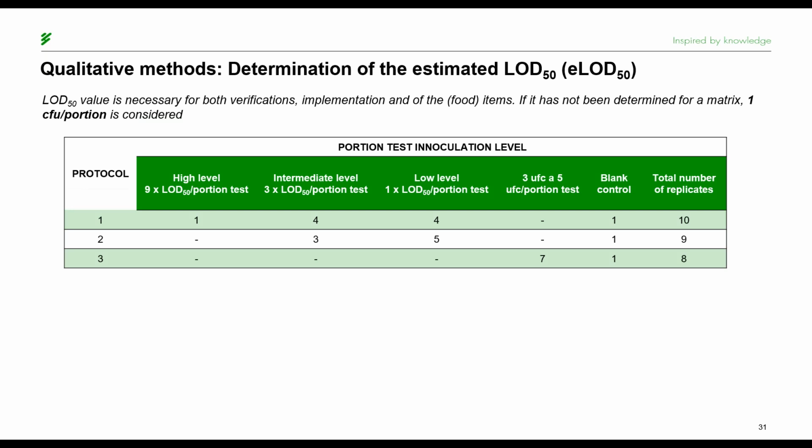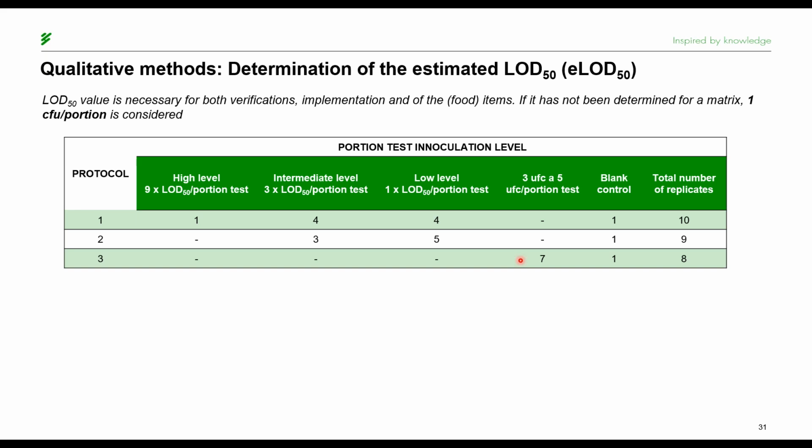So we can see here in this table 3 different protocols and inoculation levels for the test portions and the number of replicates. That is the number of test portions for the same item to prepare depending on the protocol. For example, for the first one, we would have 1 for the high level and 4 for both the intermediate level and the low level.